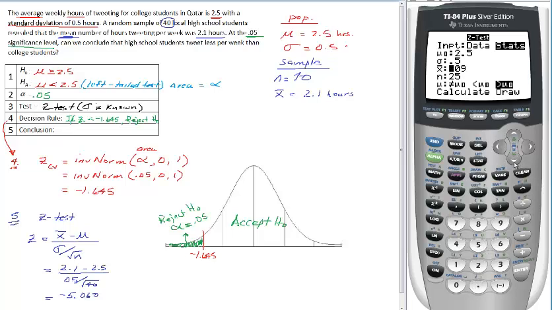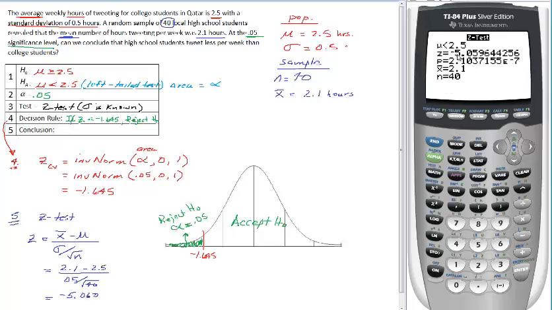Next one is asking us for the mean of the sample, which is 2.1, and then the sample size is the next question. Then it's going to ask you which tail test are you doing. Are you doing two-tailed, less than, left-tailed, greater than, right-tailed? And we're of course doing the less than one, so enter. Make sure that's highlighted and hit calculate.